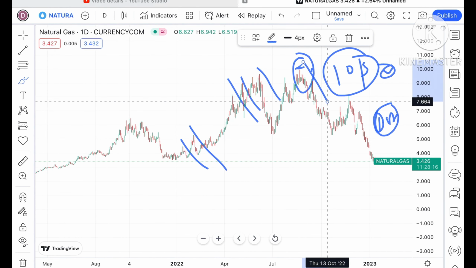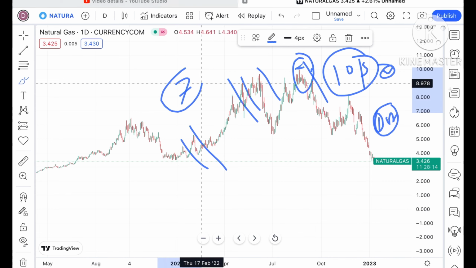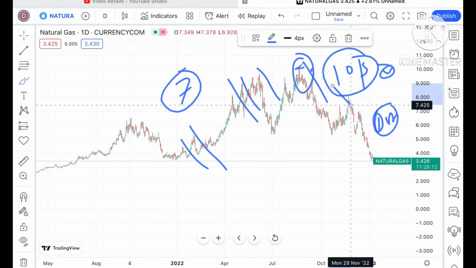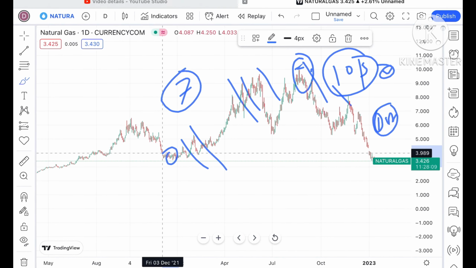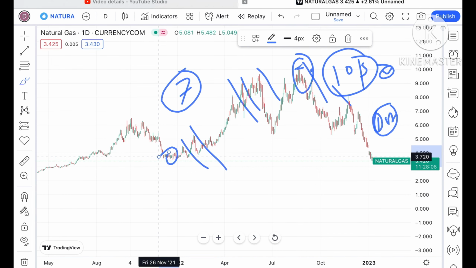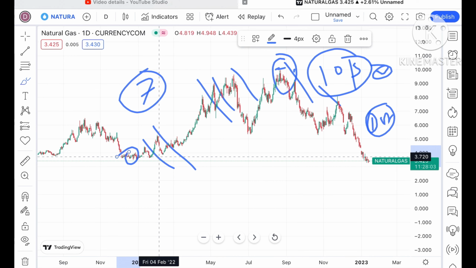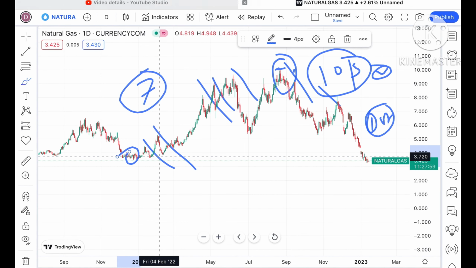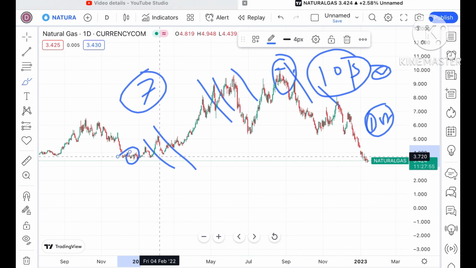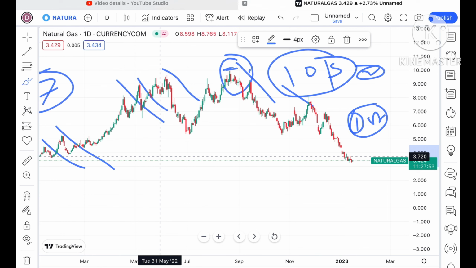This pattern is quite repeated, and this was the 7th time we have seen the same pattern repeat: once it goes above a level of its previous high, there is a continuous upside. Why I tell you this in most of the videos is because you should understand the movement of natural gas, then only you will understand how it can move in the next week or days or month, even year wise.